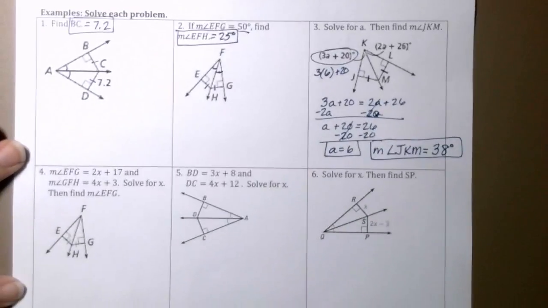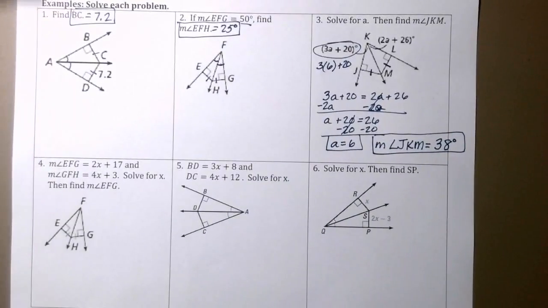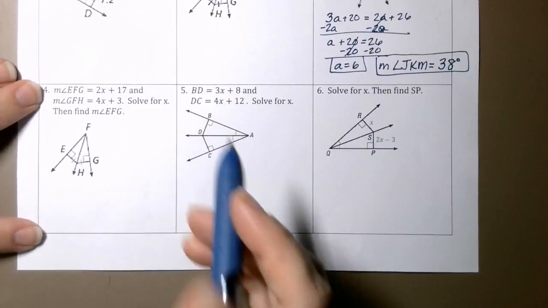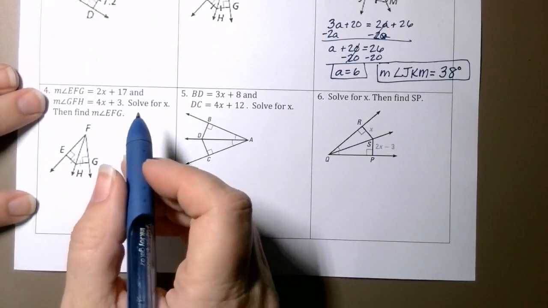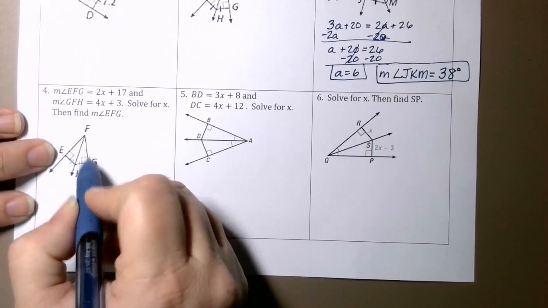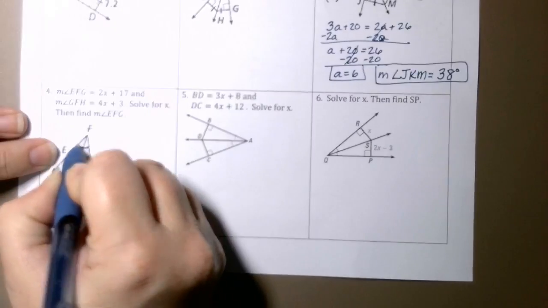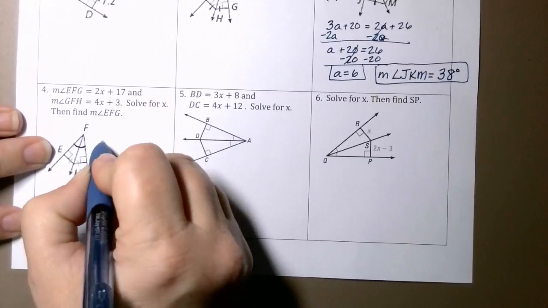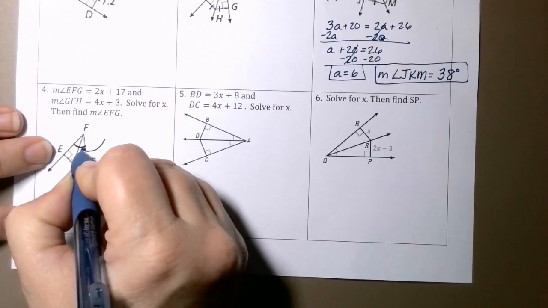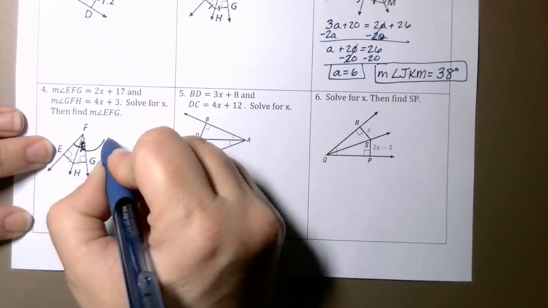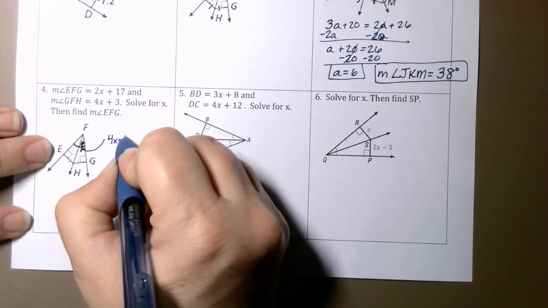Okay, you try the bottom 3, see what you can do with them. Okay, so number 4 is the hardest one of these 3. They give me EFG, which is the whole thing, right? Then they tell me GFH, which is just this guy, is 4x plus 3.